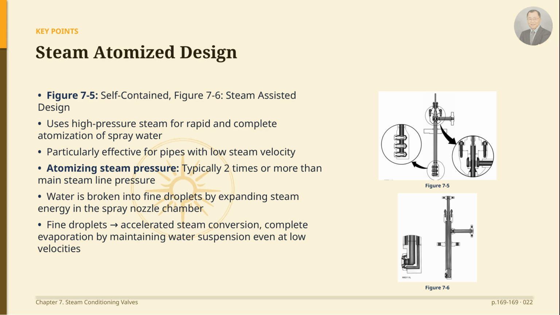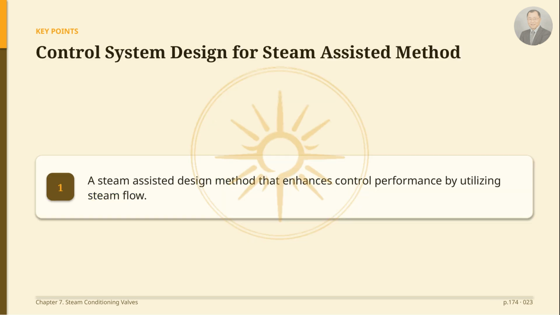At this point, the energy of the expanding atomizing steam breaks the water into very small droplets. These smaller droplets are converted to steam more quickly and allow the water to remain suspended even in low steam velocity flow, enabling complete vaporization to occur. This is the steam-assisted design, which improves control performance by utilizing the flow of steam.